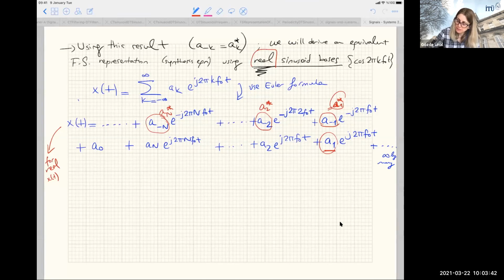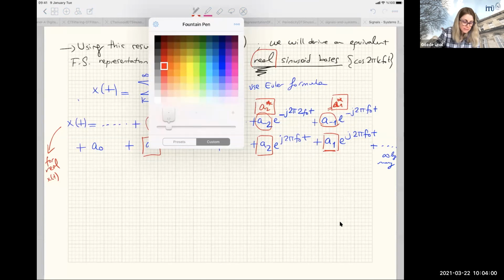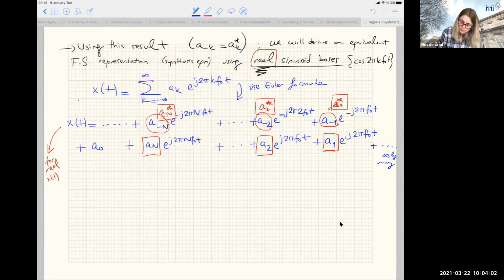Let's make them with square brackets so we see what we are doing. We combine these two guys because then I can use my inverse Euler formula to go to the cosines. That is the exact idea, guys. So now I have x of t equals a0 by itself, because it doesn't have any symmetric terms. It's in the middle.